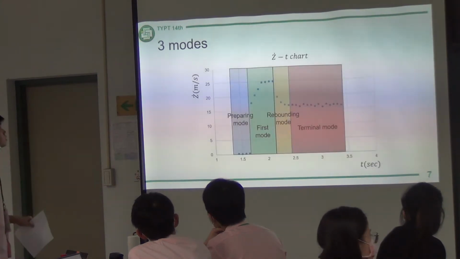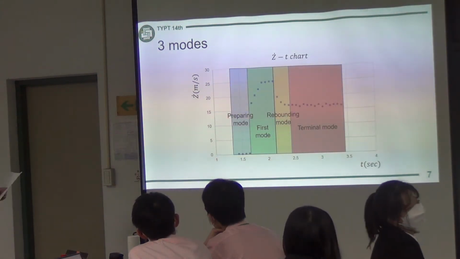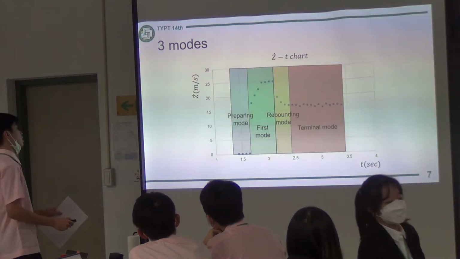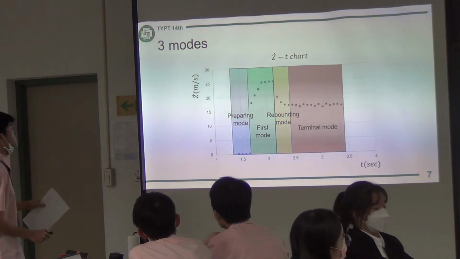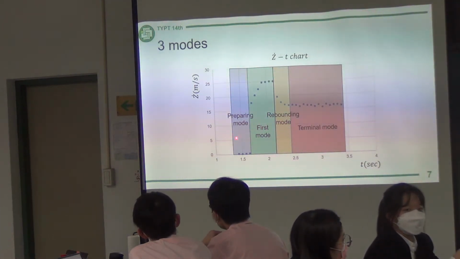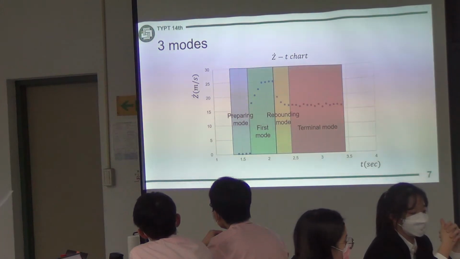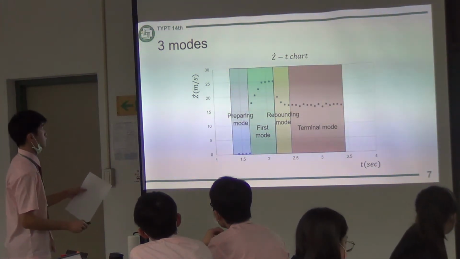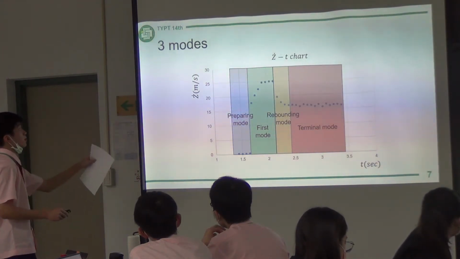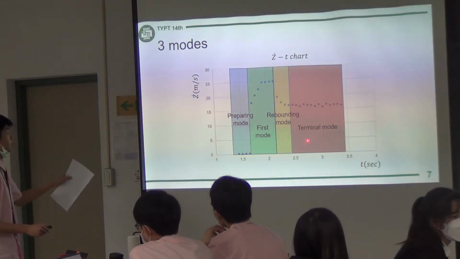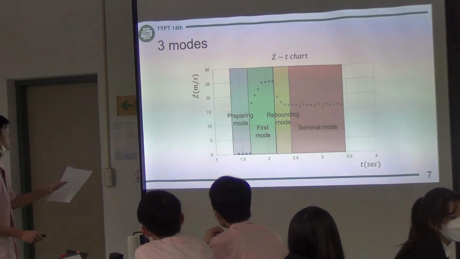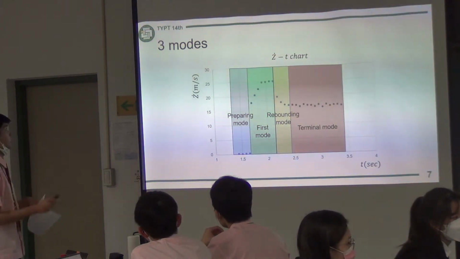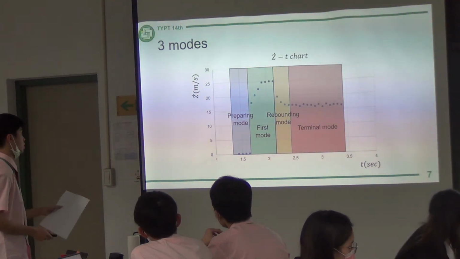Okay. So this is our experimental result. There are 3 modes, and in the first mode I keep the linear velocity at the same value. As the experimental result shows, when it reaches the terminal mode, the linear velocity will remain constant.